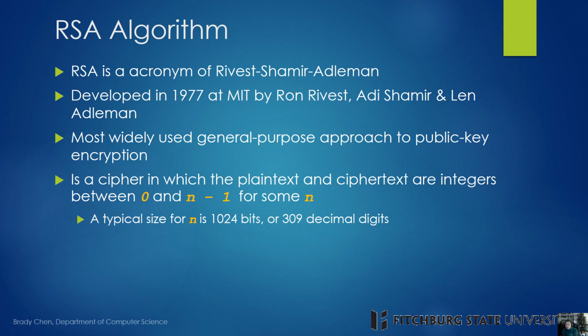So now the typical size is 1024 bits for a binary number, or equivalently about 309 decimal digits. Think about this number: it's a huge number, with more than 300 decimal digits. It's likely that the size will keep increasing as computers become more and more powerful.